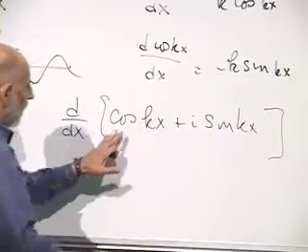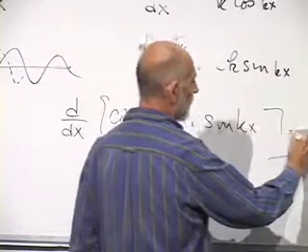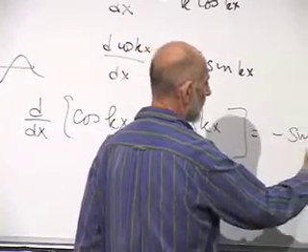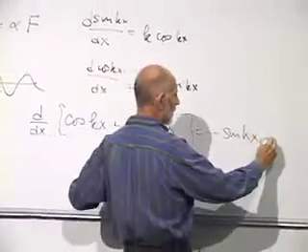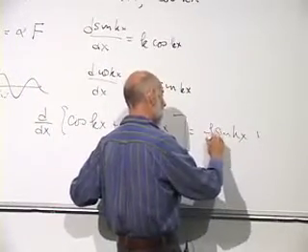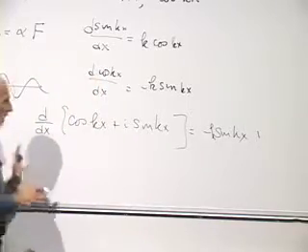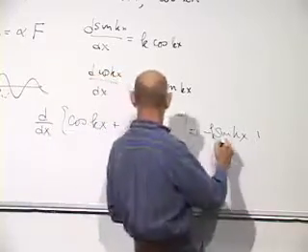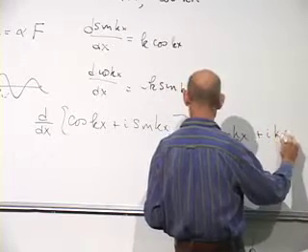You get from cosine, you get minus sine kx plus... I'm sorry, minus k sine kx plus ik cosine kx.